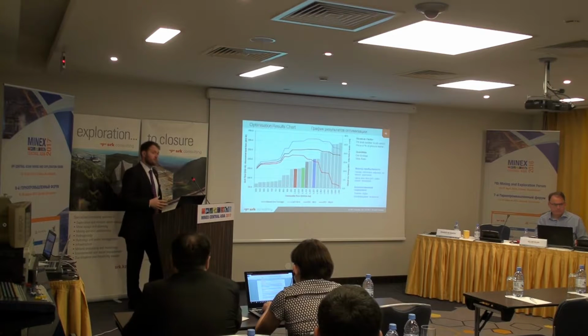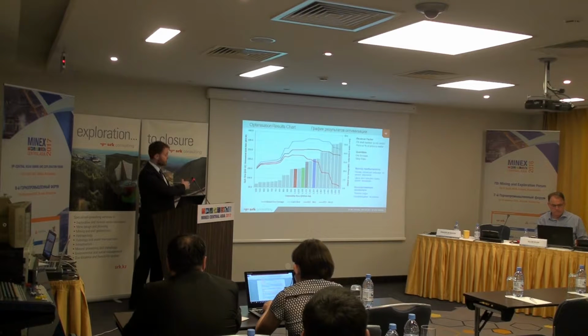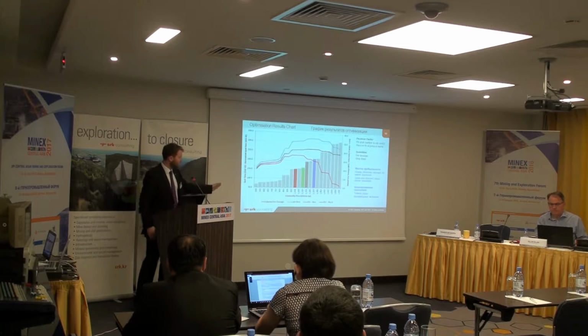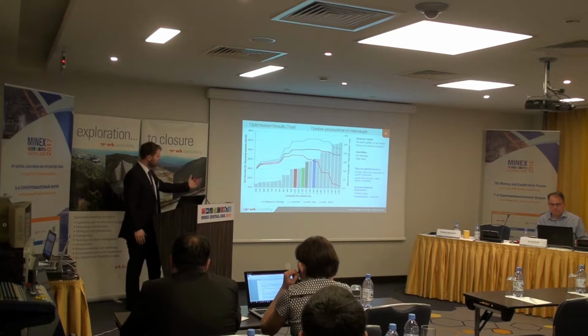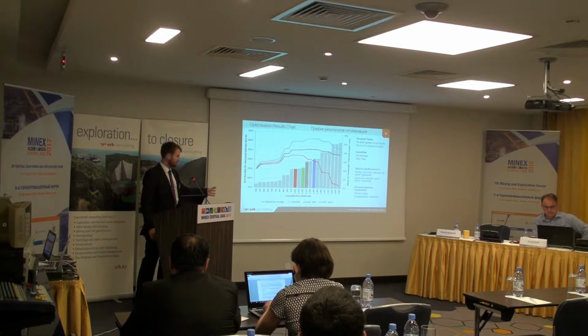So this chart here represents the amount of ore, in the grey bars, contained within each of the shells that are generated at different prices. So for example, on the left-hand side of the chart, we have lower price shells.